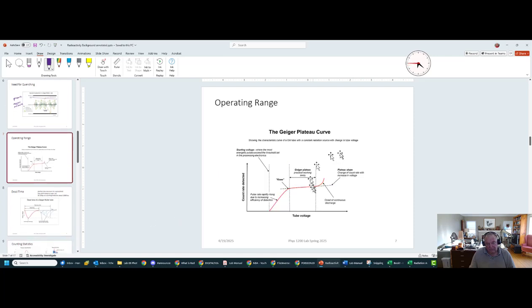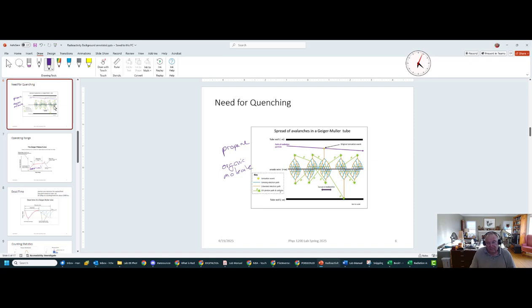So there's this famous curve here, and they call this the proportional region. You can detect some of the things that come across, because, contrary to this picture, a particle coming through could liberate several electrons on its path.